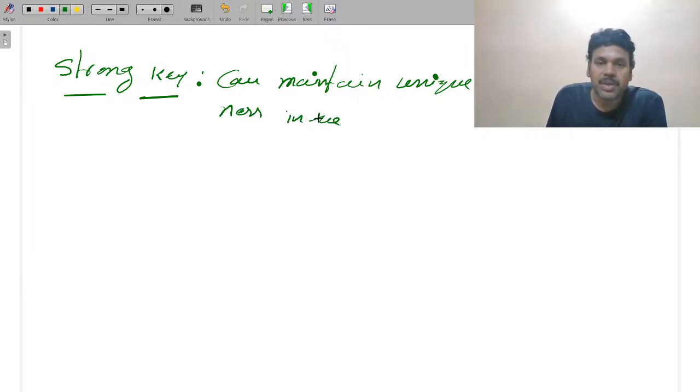That means we know what is the meaning of that. Duplicates are not allowed in this. Simply as simple as that. The duplicates are not allowed.